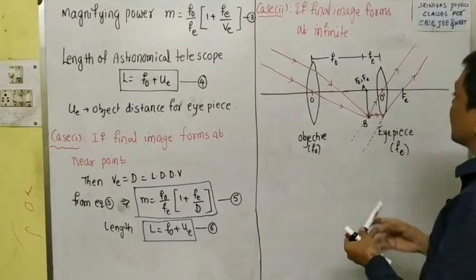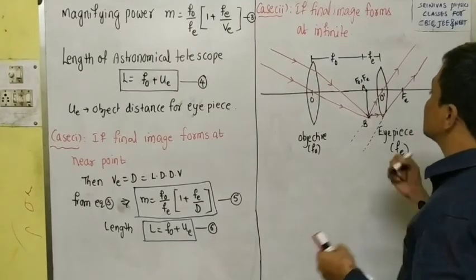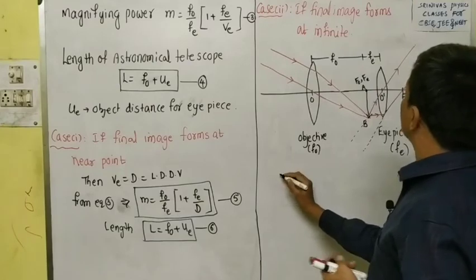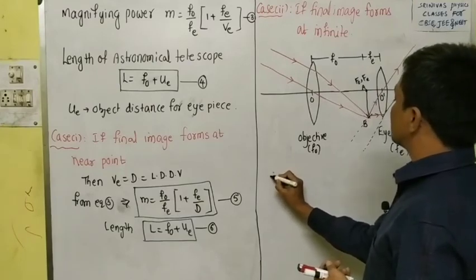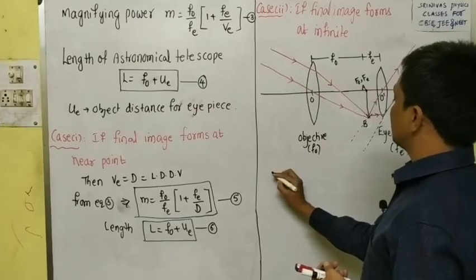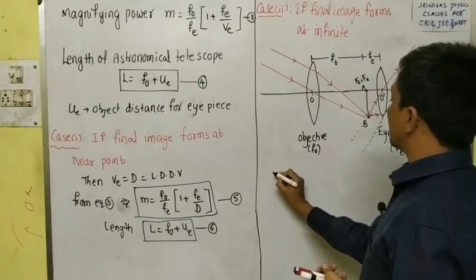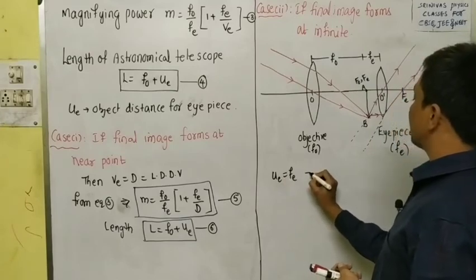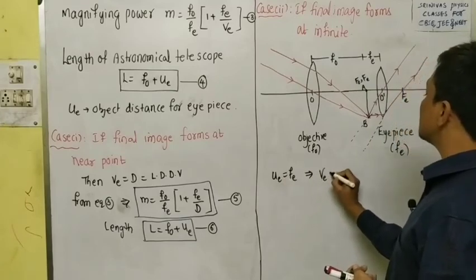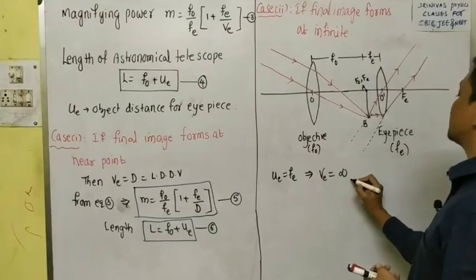Here we have to take the conditions that object distance for the eyepiece is equal to Fe, and image distance for the eyepiece is infinite.